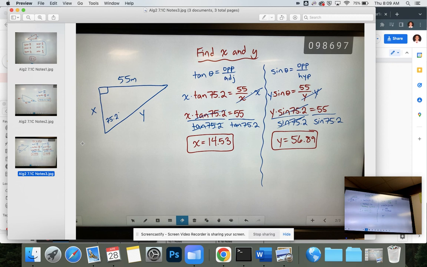I would multiply by y on both sides and then divide to get y by itself.